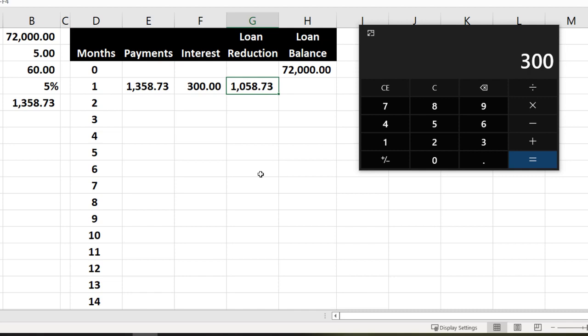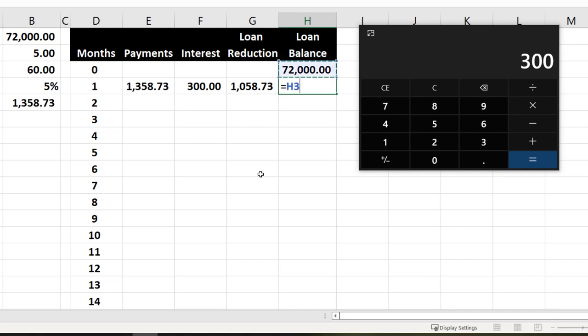So that means the loan reduction is going to go down by the amount after the interest. So if I pay $1,358.73, I've got to pay the rent on the purchasing power of the money that I borrowed, which is interest, $300. Therefore, the loan reduction is going to go down by the amount I paid minus the interest, and that's going to give us then the $1,058.73.